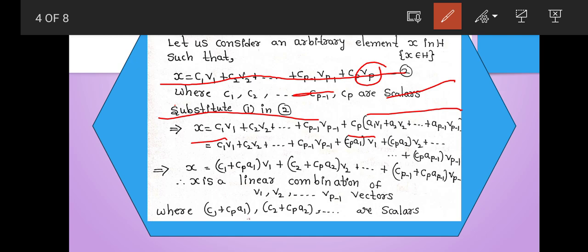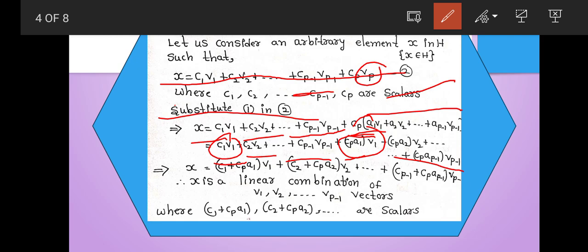I separated these: c1 v1, c2 v2, up to c(p minus 1) v(p minus 1), then cp a1 v1 plus cp a2 v2 up to cp a(p minus 1) v(p minus 1). Okay, just see here it is c1 v1, here it is cp a1 v1.